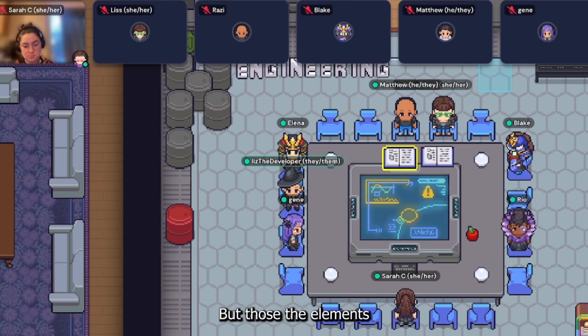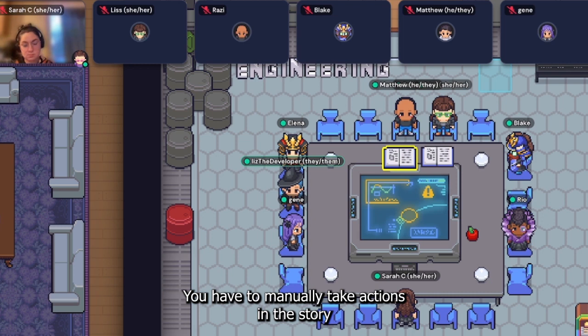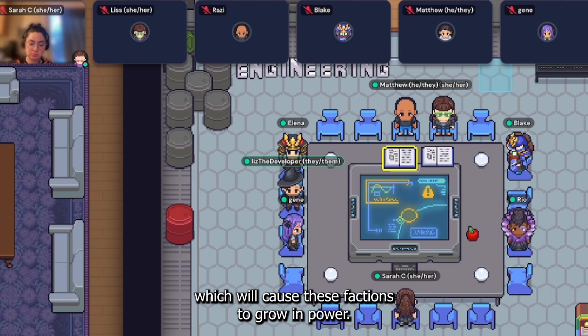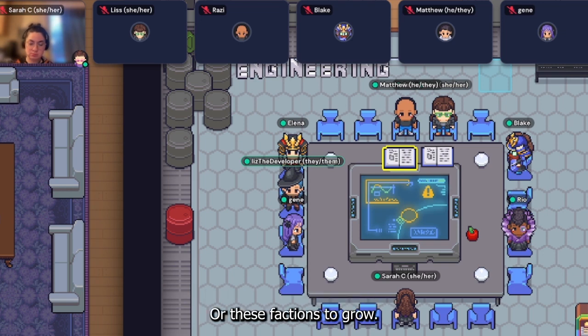But the elements in, for example, Grand Theft Auto 4, right? The factions don't evolve without your input, right? You have to manually take actions in the story which will cause these factions to grow in power.